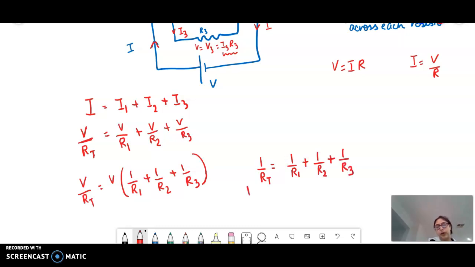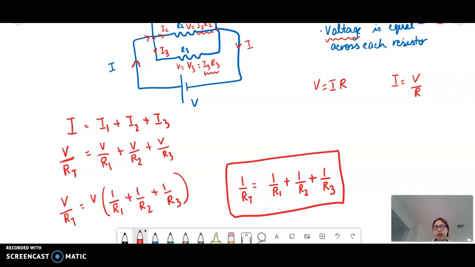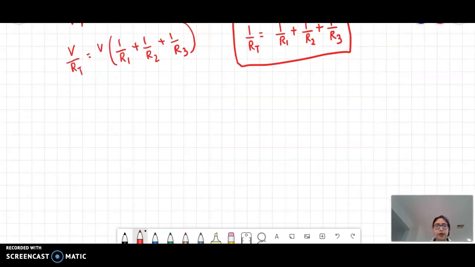How do we find the equivalent resistance in a parallel circuit? And this is the working out for it, because current is shared. So the total current is equal to the sum of currents in each branch. We used Ohm's law and did some calculations, and this is the formula for total equivalent resistance in a parallel circuit. Now let's do an example.